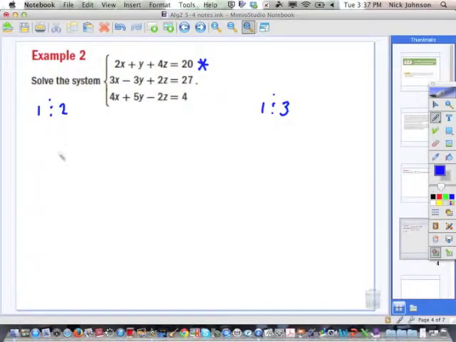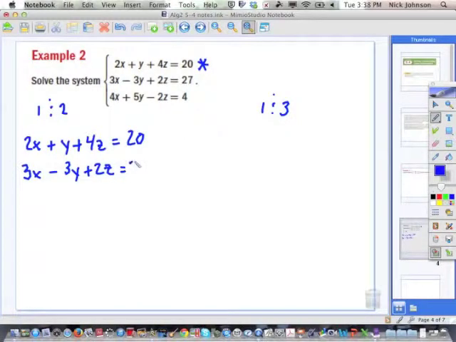Okay? So 2x plus y plus 4z is equal to 20, and 3x minus 3y plus 2z equals 27.